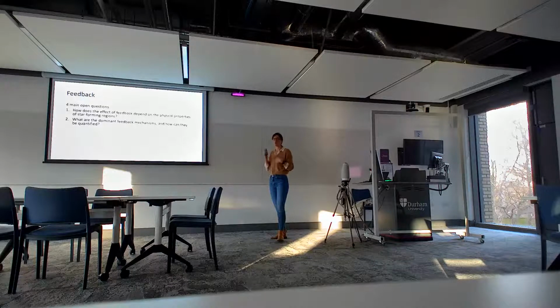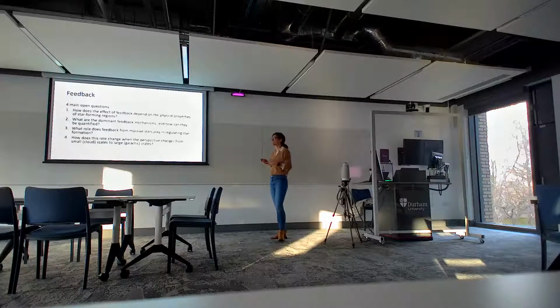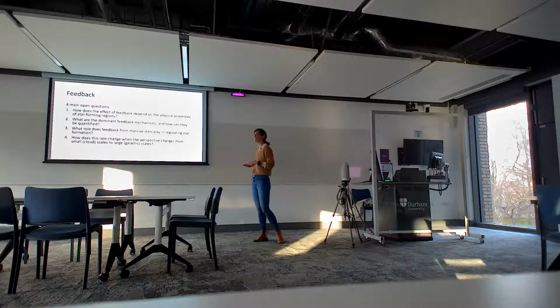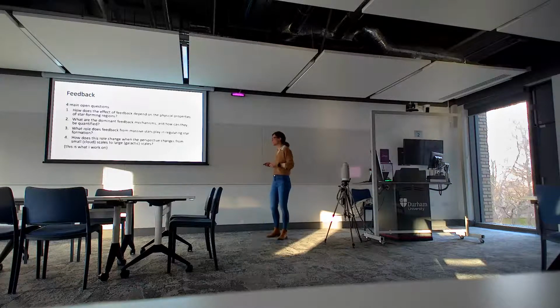Are any of those more important than others? What is the role of feedback in actually regulating the formation of new generations of stars? And last but not least, how does feedback affect the small scales and the large scales, so the scales close to the stars and the large galactic scales, differently? And all of this is what I work on.